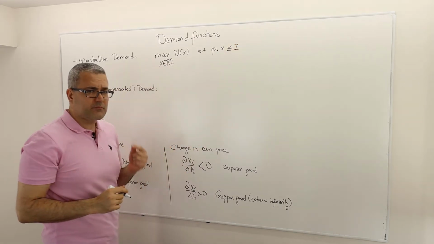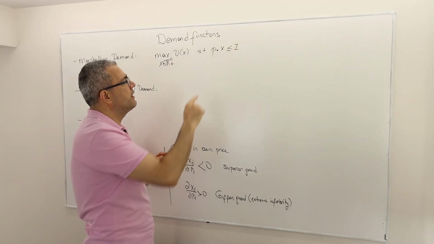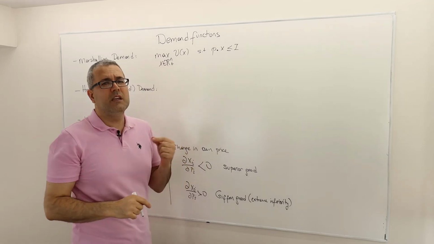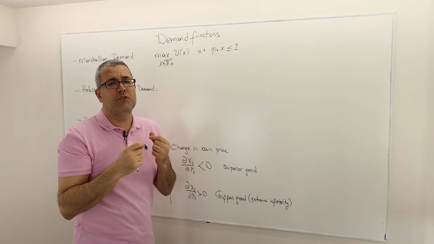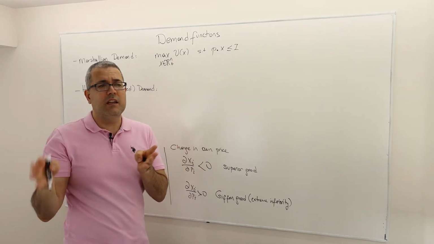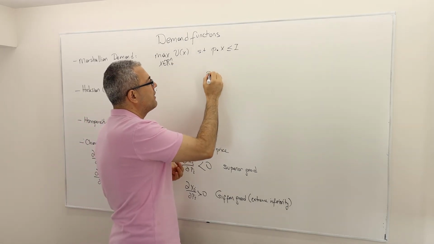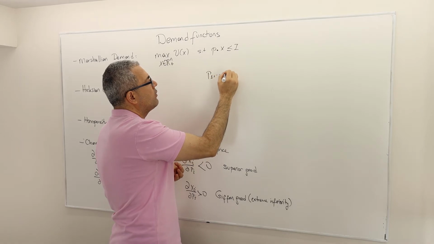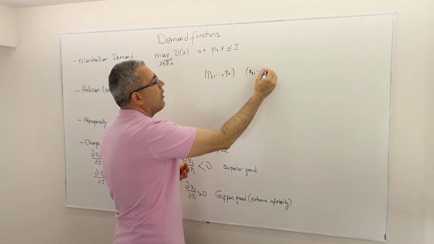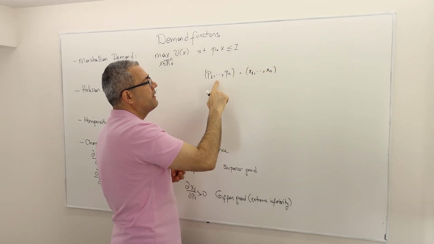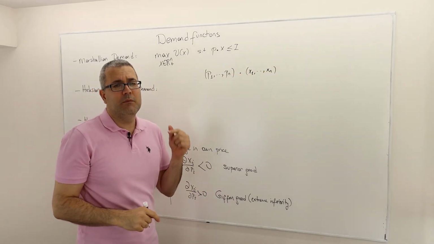Here, just be careful about this notation. When I write p dot x, I actually mean a multiplication of two vectors. As a side note, if I have a vector p1 all the way up to pn and another vector x1 all the way up to xn, they both must have the same dimension.